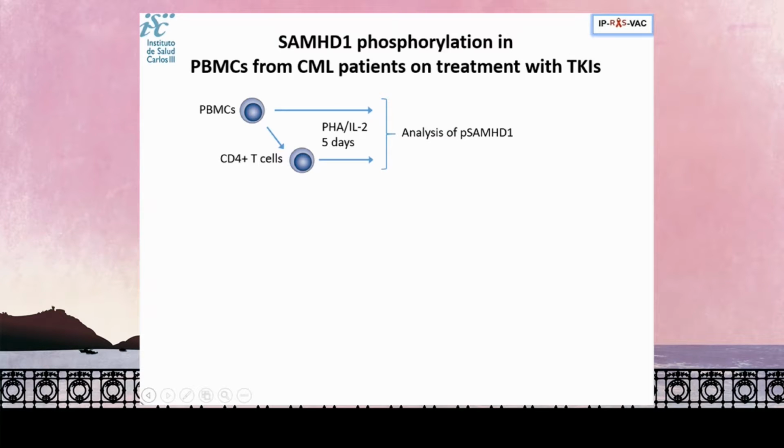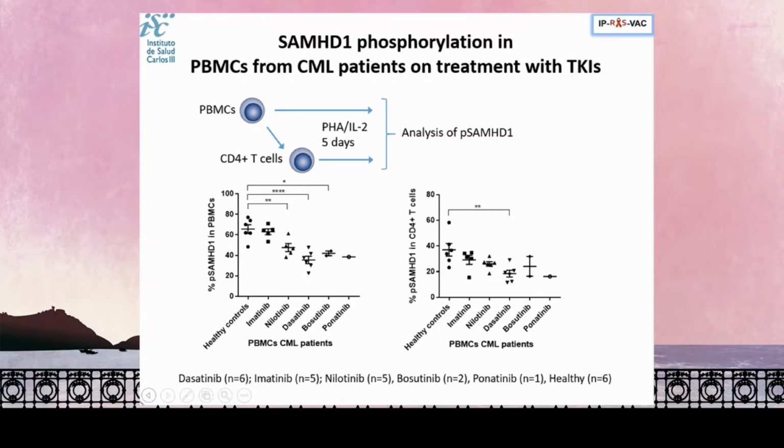After that, we also analyzed the effect of this treatment in these patients on the phosphorylation of SAMHD1. PBMCs were isolated and treated with PHA and IL-2 for 5 days, and we tested the phosphorylation in PBMCs first.